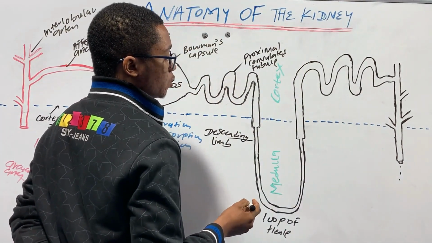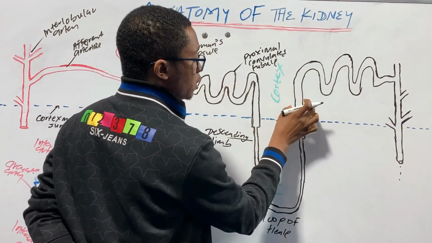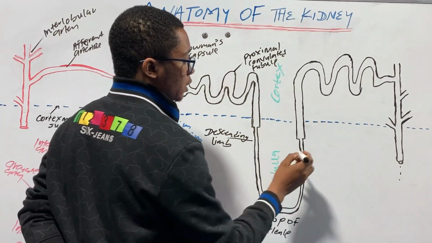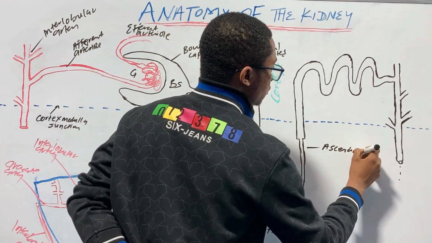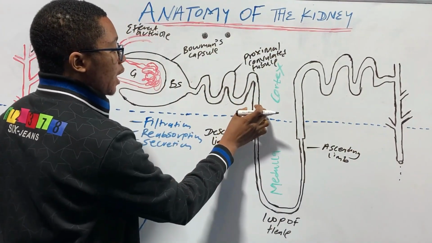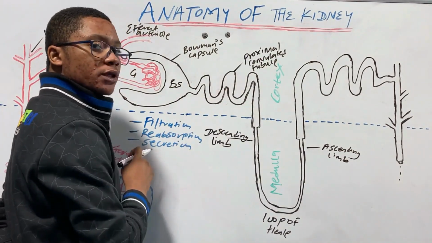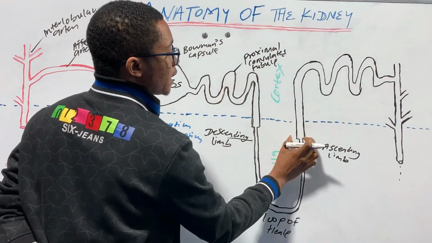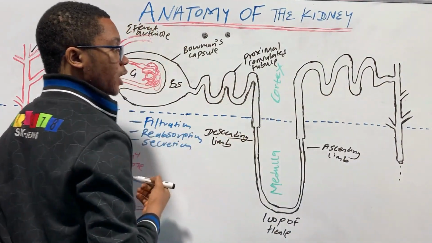Here we call the ascending limb, which is also divided into two parts: the thick ascending limb and the thin ascending limb. The thick descending limb is also known as the pars recta of the proximal convoluted tubule, while the thick ascending limb is also known as the pars recta of the distal convoluted tubule.